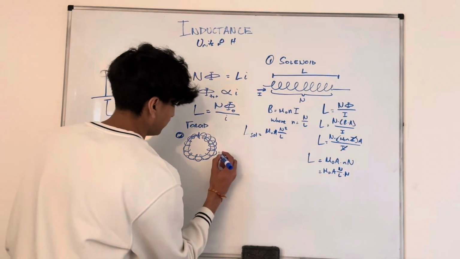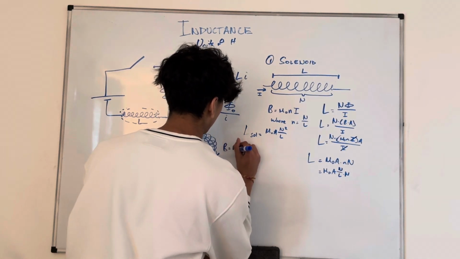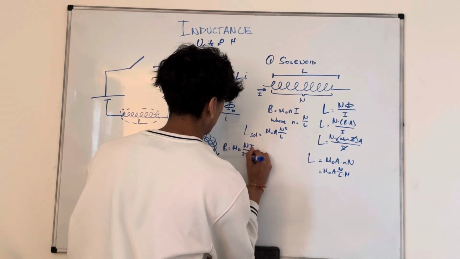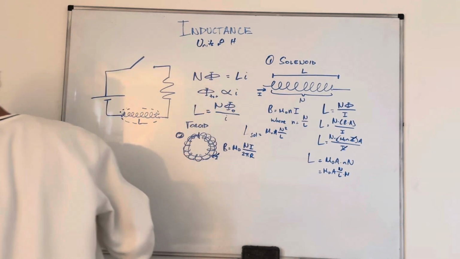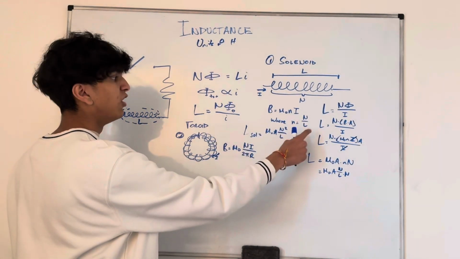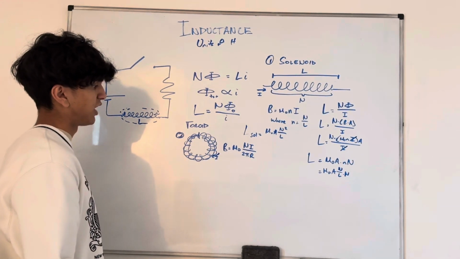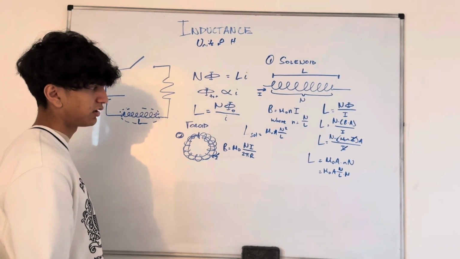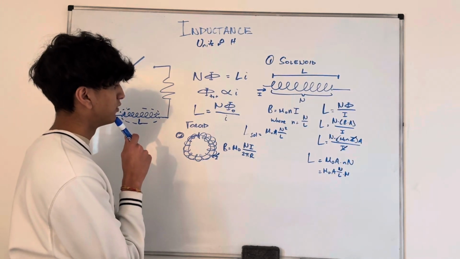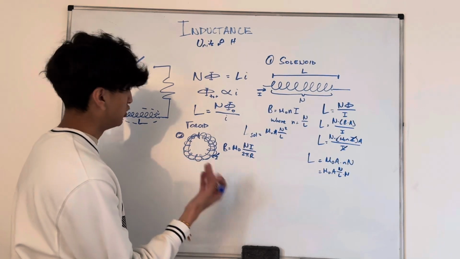When you have current flowing through it, B equals mu naught N I over 2 pi R. I think it's honestly just this equation where L is the circumference. That seems right, let me know if I'm wrong. That's the magnetic field. If you use Ampere's law, this should check out. Now you could just do the same process.